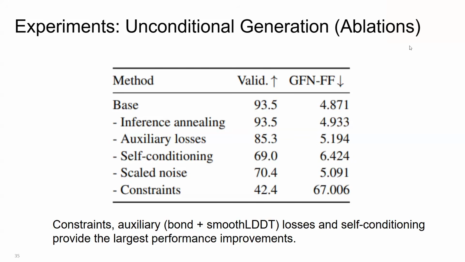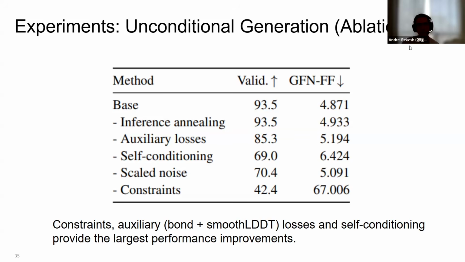But with auxiliary loss it's 80. I don't understand. It's like 85 minus 69, right? Oh, you add auxiliary loss and it's 93 minus 85, 8%.